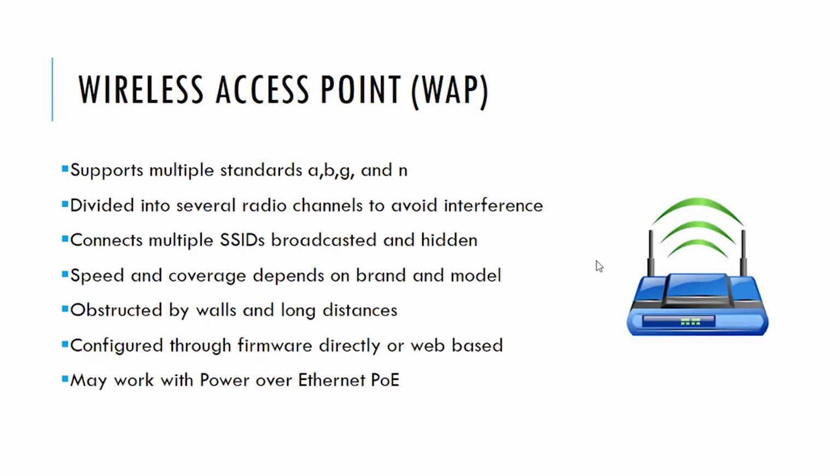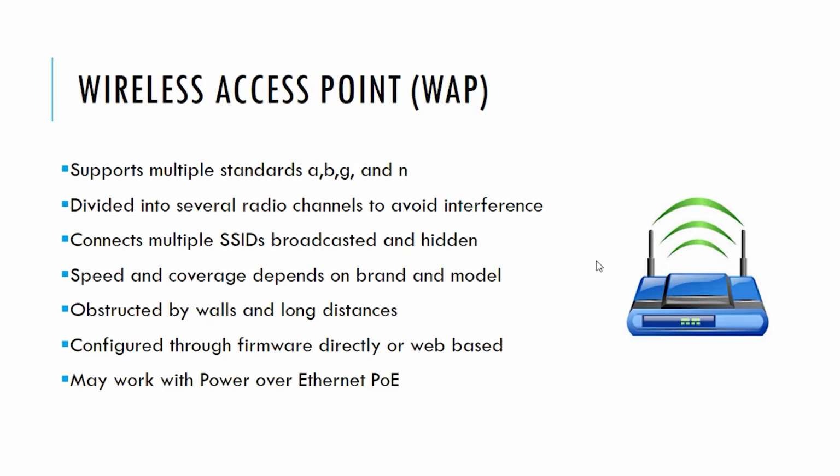The wireless access point can support several Wi-Fi standards: A, B, G, and N. It can be divided into several radio channels to avoid interference between the channels communicating with each other. This access point can act on channel 5, and the adjacent access point can act on channel 7.